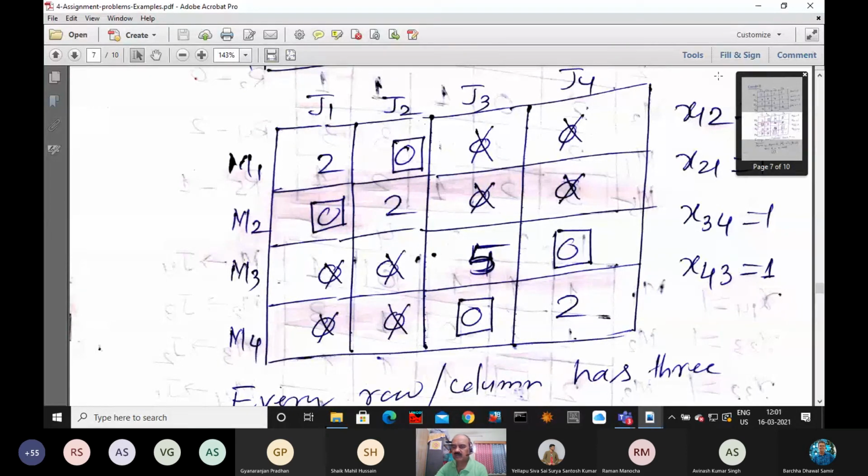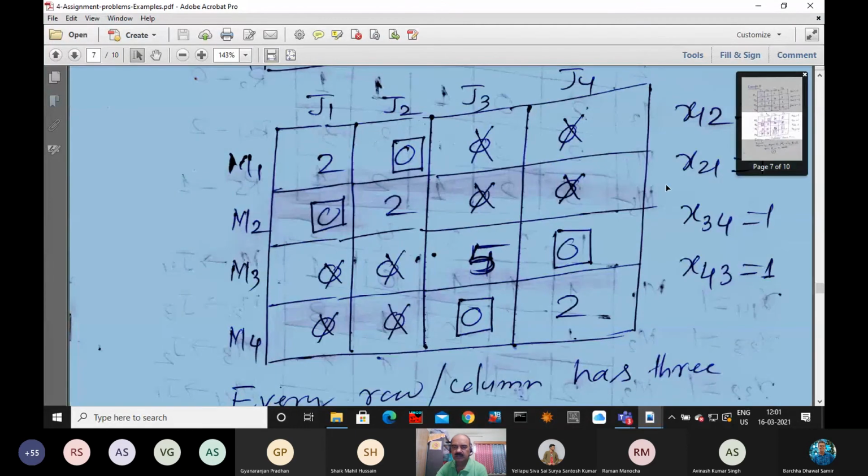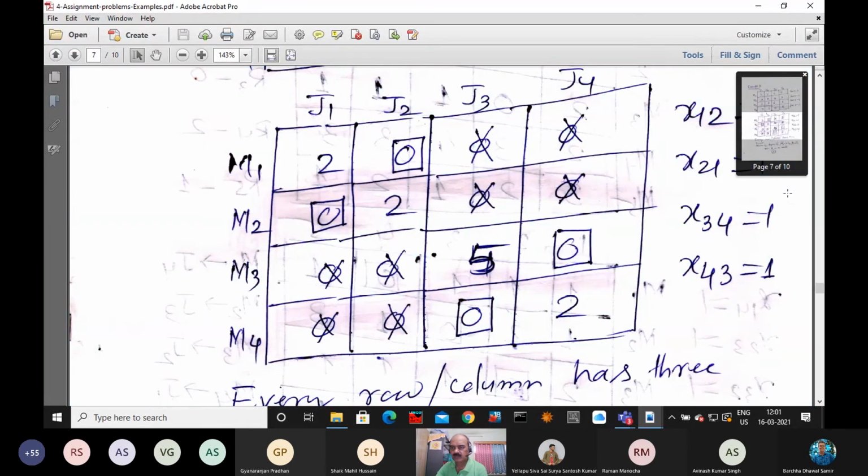This reduced matrix, what we have taken. Every row and every column has, in this case, 3 zeros. The first row has 3 zeros, the second row has 3 zeros, the third row has 3 zeros, and the fourth row has 3 zeros.